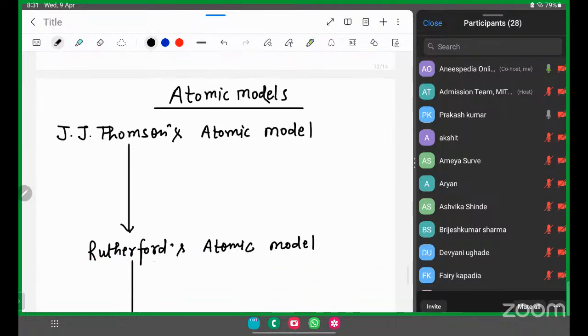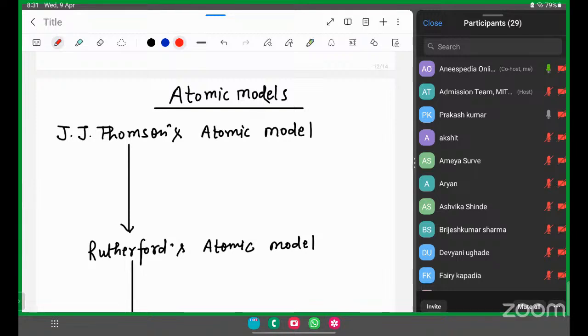First one is J.J. Thomson's atomic model. What are the key points in J.J. Thomson's atomic model? The atom is considered to be a sphere, and J.J. Thomson said that all the positive charge is uniformly distributed, and electrons are embedded inside the positive charge like seeds in a watermelon.